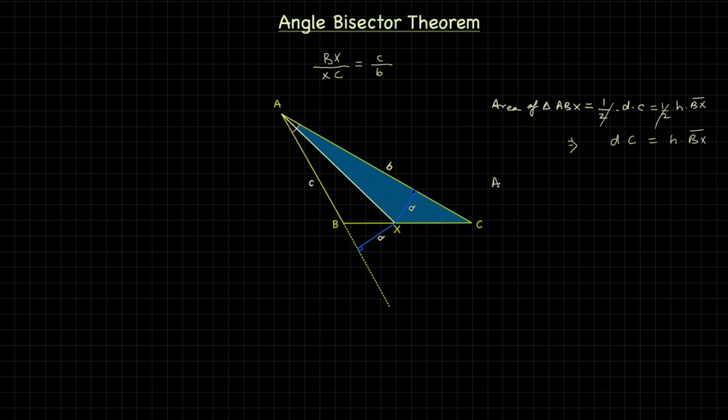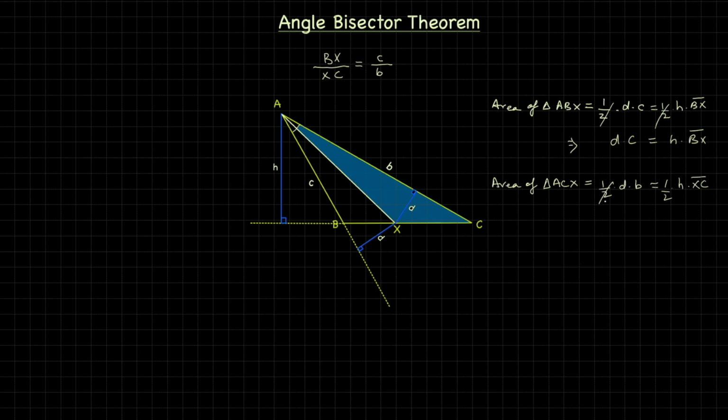Now if you look at the other highlighted triangle, triangle ACX, its area can be written as half times D times B, where D is the height and B is the base. And again, if we assume that XC is the base, the area can also be written as half times H times length of XC.